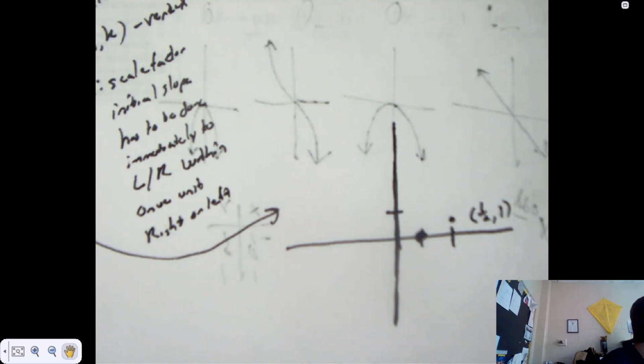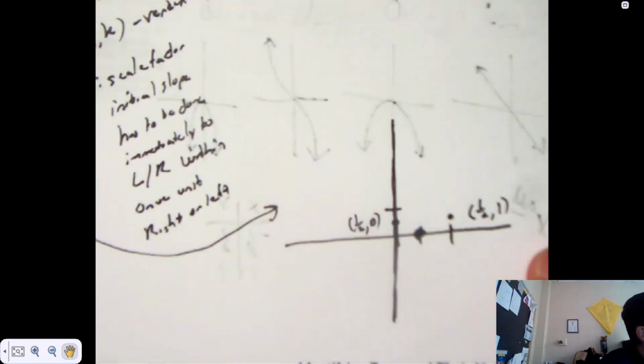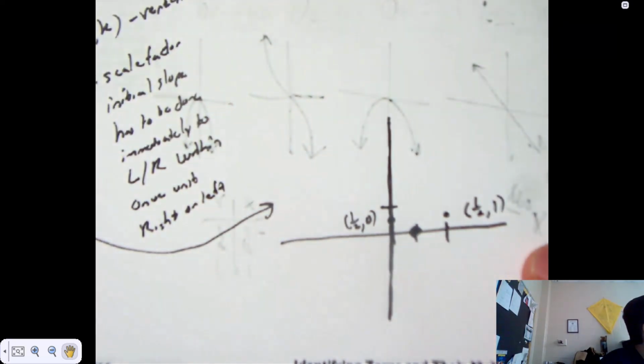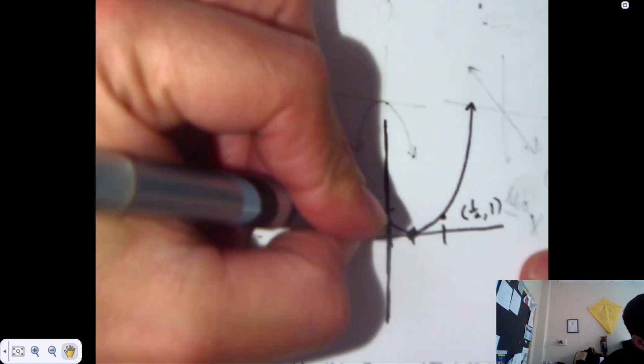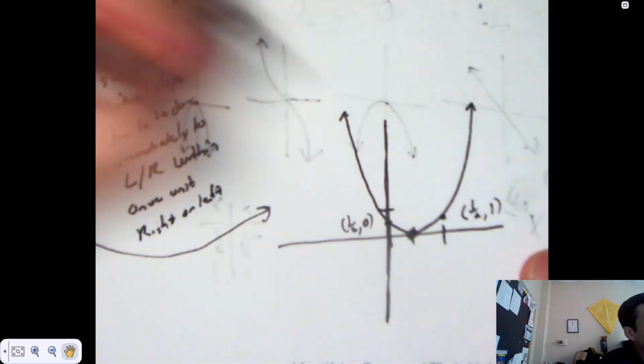Isn't it? And the old one had a point at 0, 1. Well, the new one has a point at 1/2, 0. So the final transformation is just a little bit wider because the initial slope is not as steep.